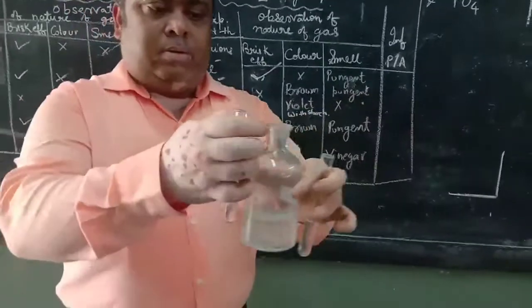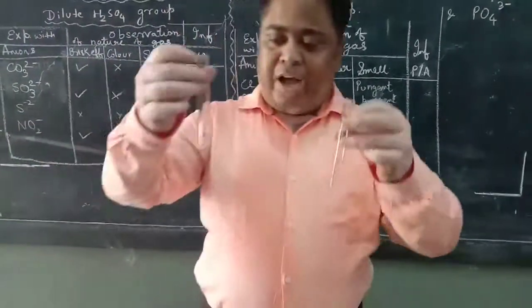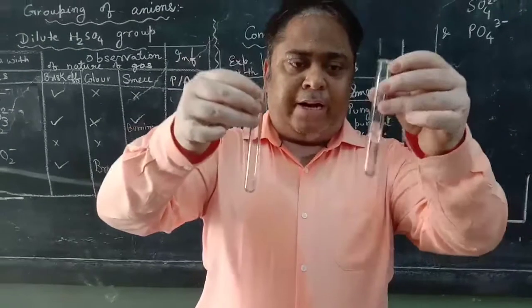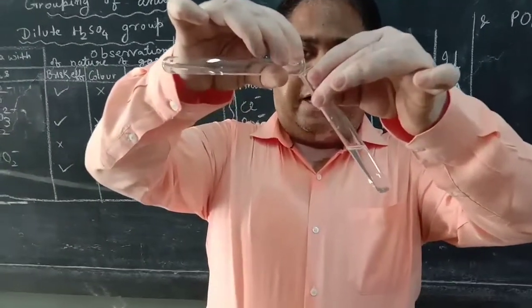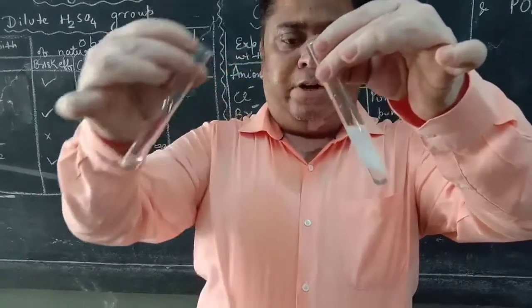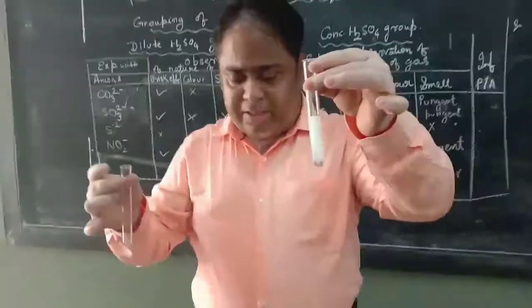Now I have barium chloride, and this is ammonium sulfate. A double displacement reaction will take place and a white precipitate of barium sulfate will be formed. So this is the test for sulfates.